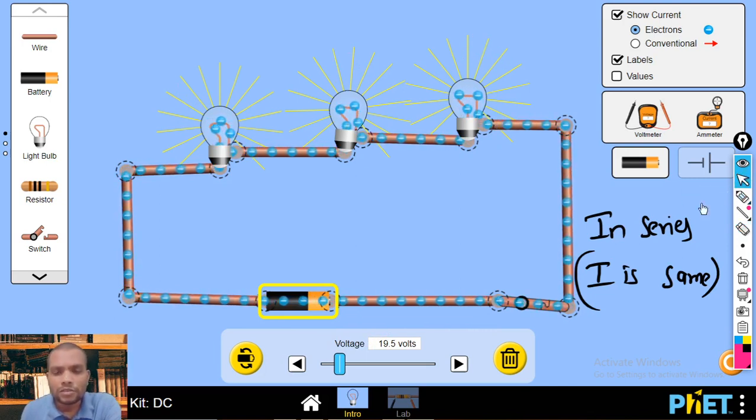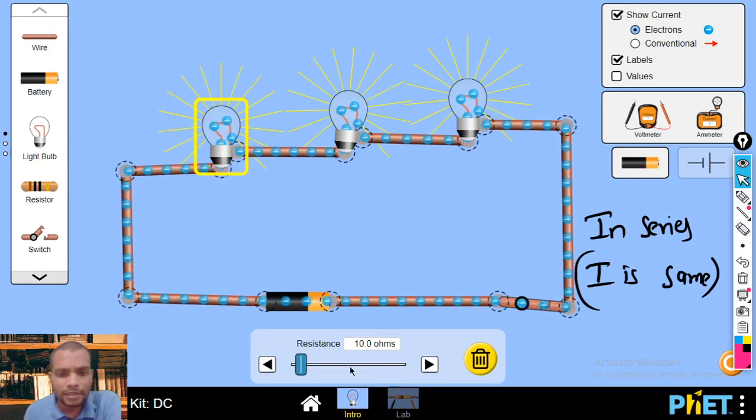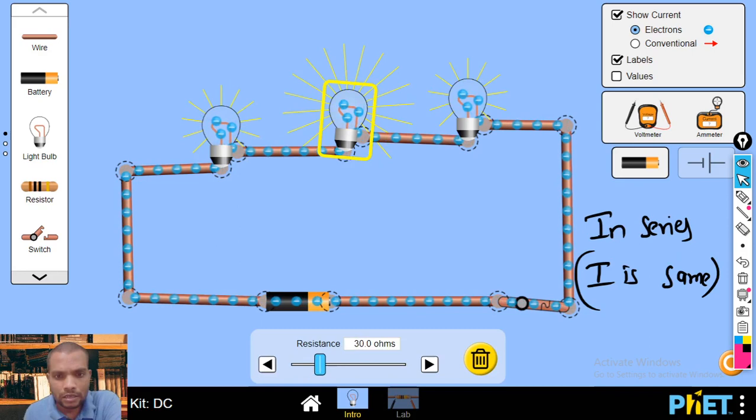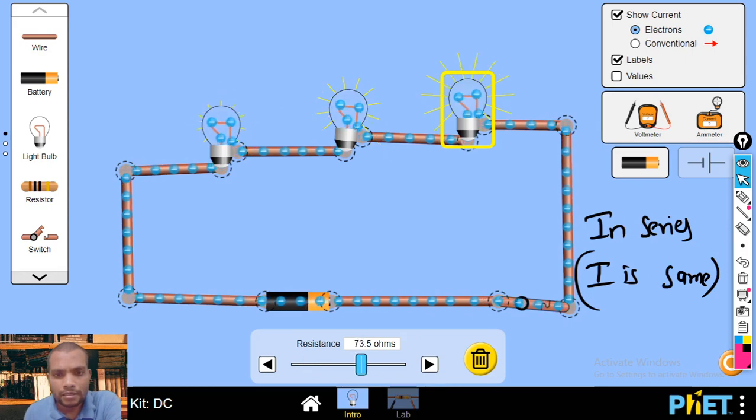And one more observation you need to make here. Suppose this bulb has resistance 10 ohms, this one let me increase to 30 ohms, and let this bulb have a big resistance equal to 50 ohms.